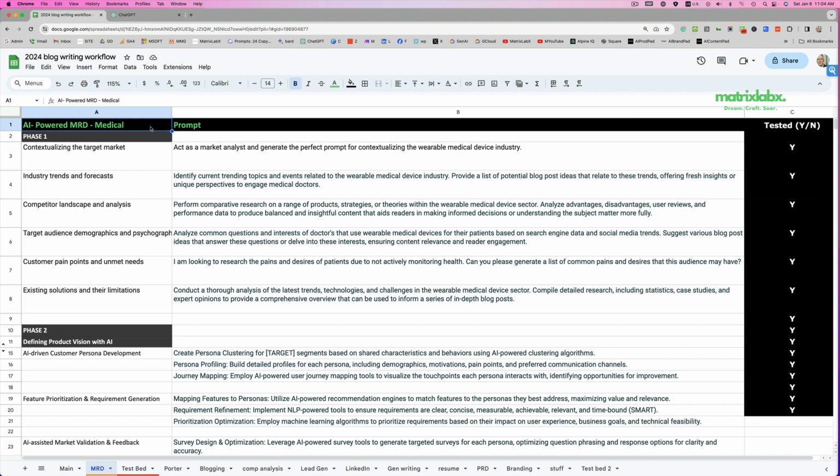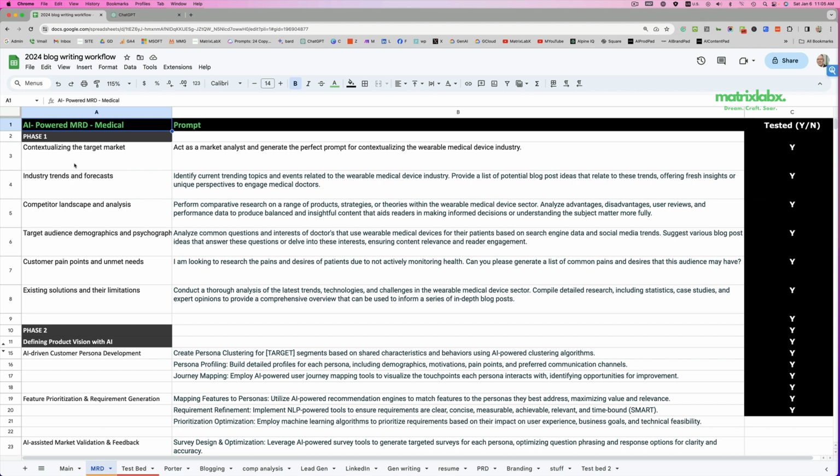So we're going to go through here, and what we have here is an AI-powered MRD for a wearable medical device. And we're going to take a look at conceptualizing the target market. We want to look at industry trends and forecasts. We're going to look at the competitive landscape and a little bit of analysis on that. Who's the target audience?